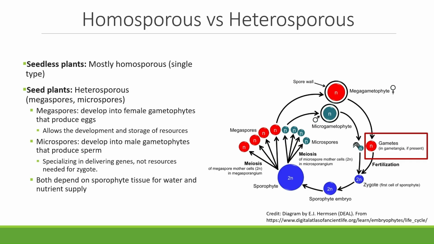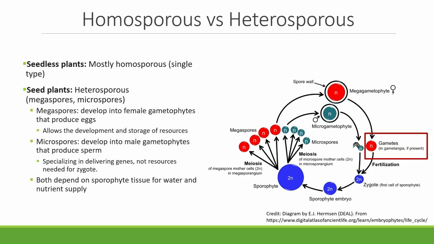These male gametes generated from the microgametophyte don't need all of the resources and don't need to be as big as the female gametes need to be, because their job is just getting the genes to the egg.